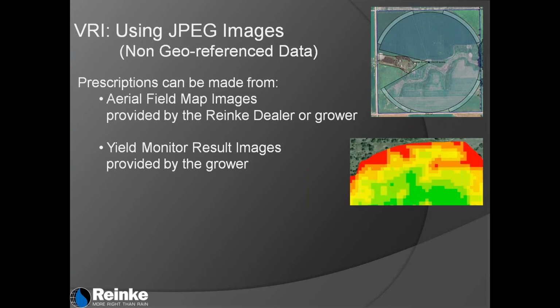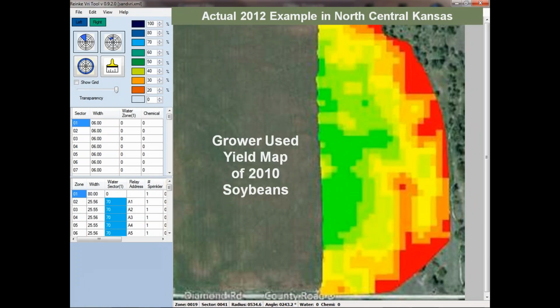Also, yield monitor images, and I realize your capabilities are even much greater than what ours are with our software, but we do provide this with our grower: the ability to create a prescription over a yield map.